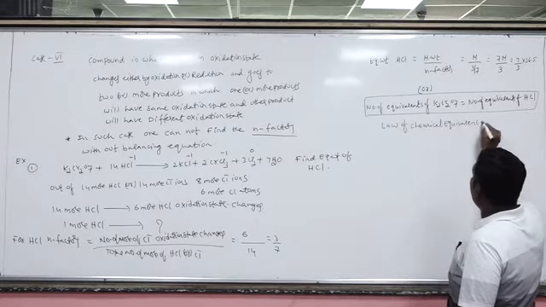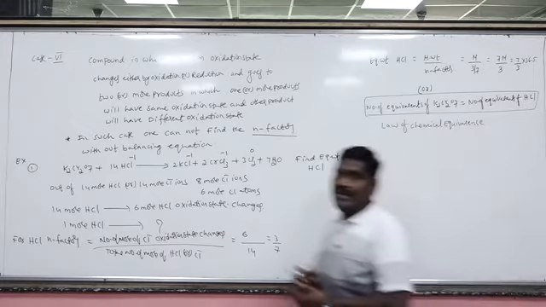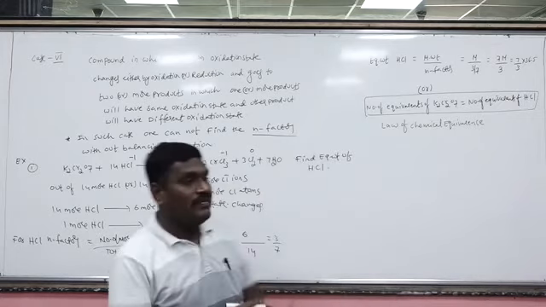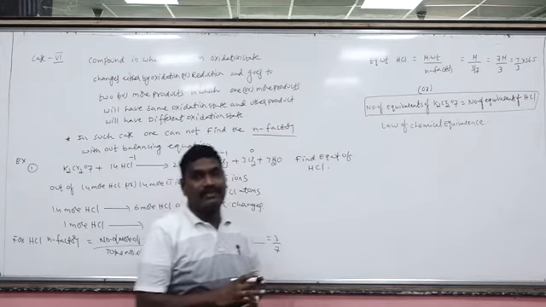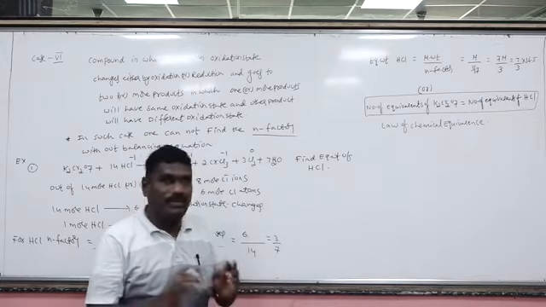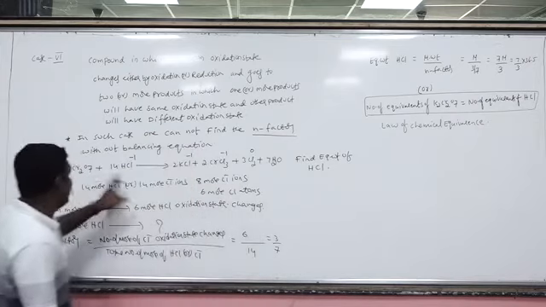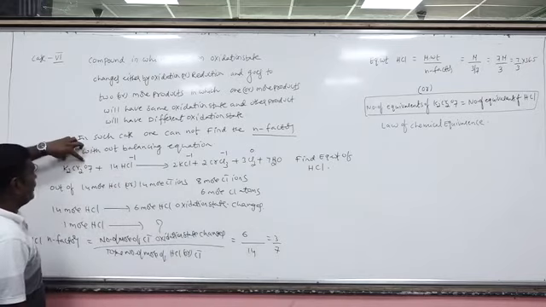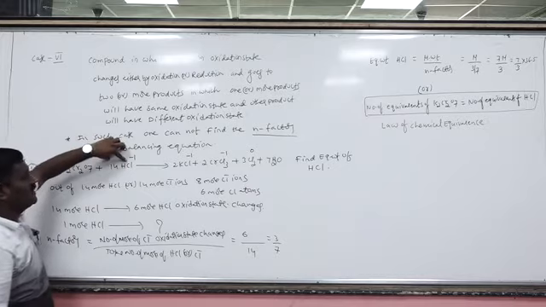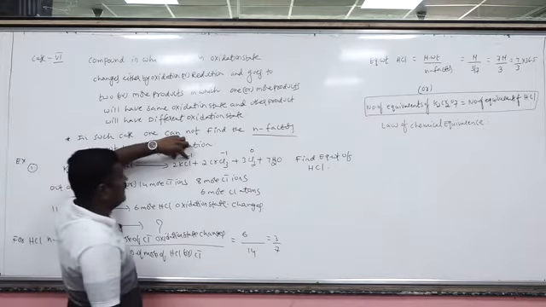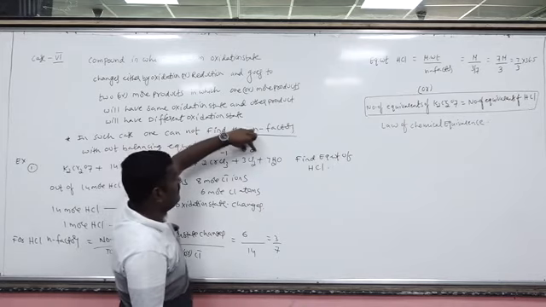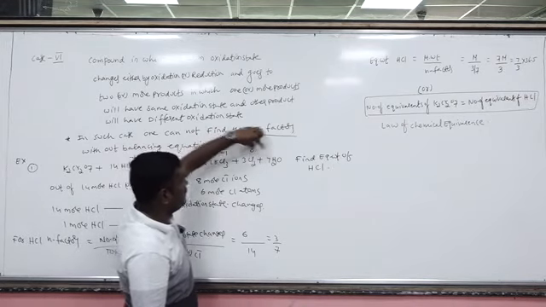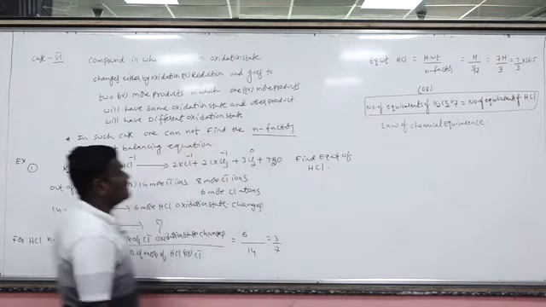What is the definition of the law of chemical equivalence? According to it, the number of equivalents or gram equivalents of all reactants will be equal to the number of gram equivalents of all products. That means the number of equivalents of potassium dichromate will be equal to the number of equivalents of HCl, KCl, CrCl3, Cl2, and water.